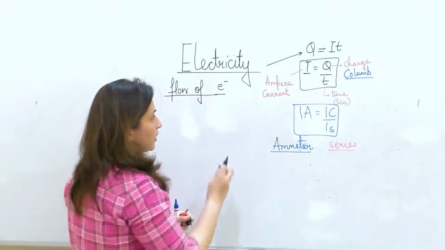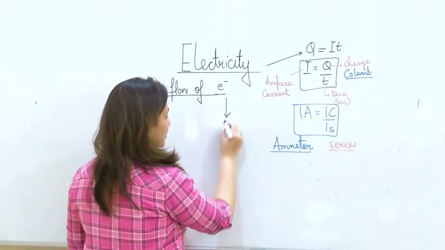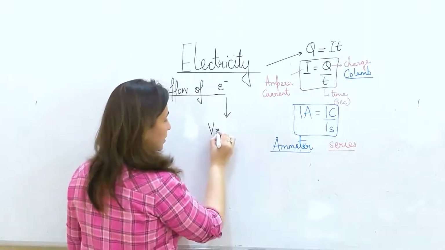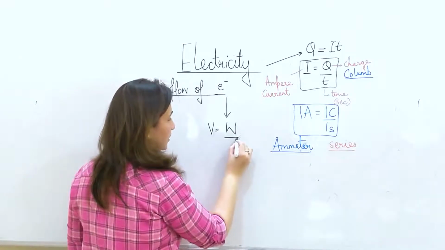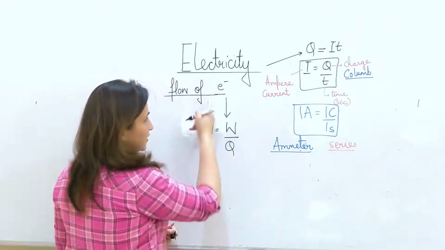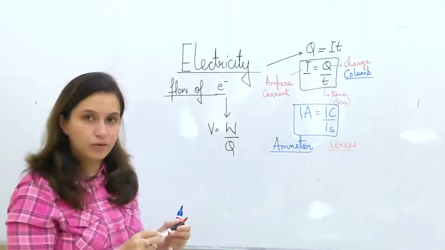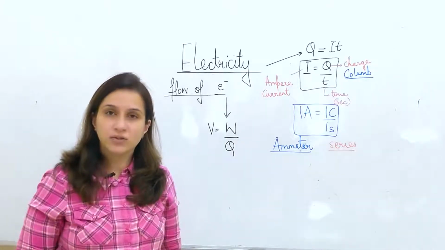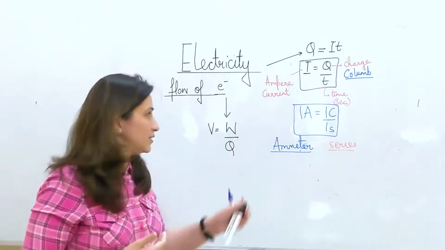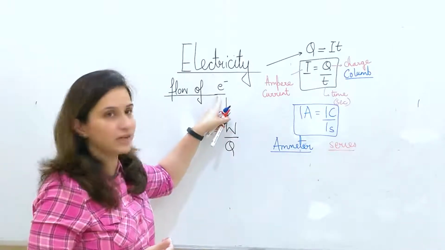Now I am coming to another topic, that is potential difference, V. Potential difference is defined as work done per unit charge. As I told you in the beginning, electrons flow on their own, so there is no need to do any kind of work in moving electrons.